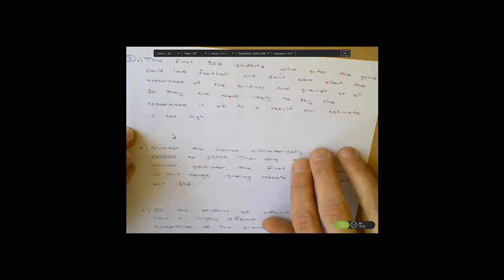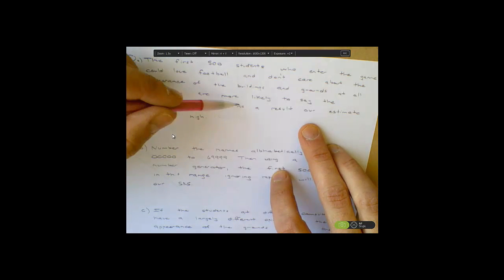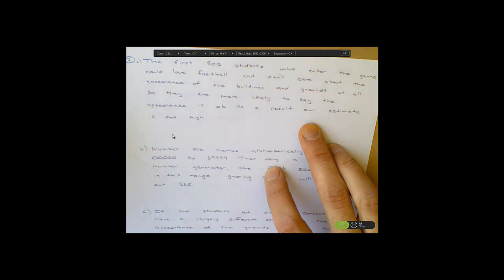And then number three, I'm talking about over or underestimating and what that's going to look like. So here, I'm overestimating. My estimate is too high. That's the one part that students miss a lot, is when it's a biased sample, is it over or underestimating that? So in this case, I believe I've hit all three components.